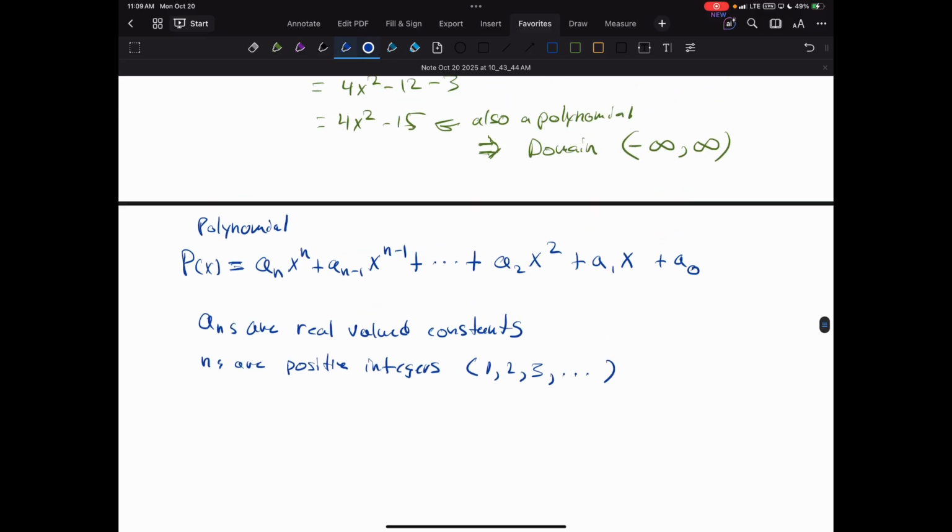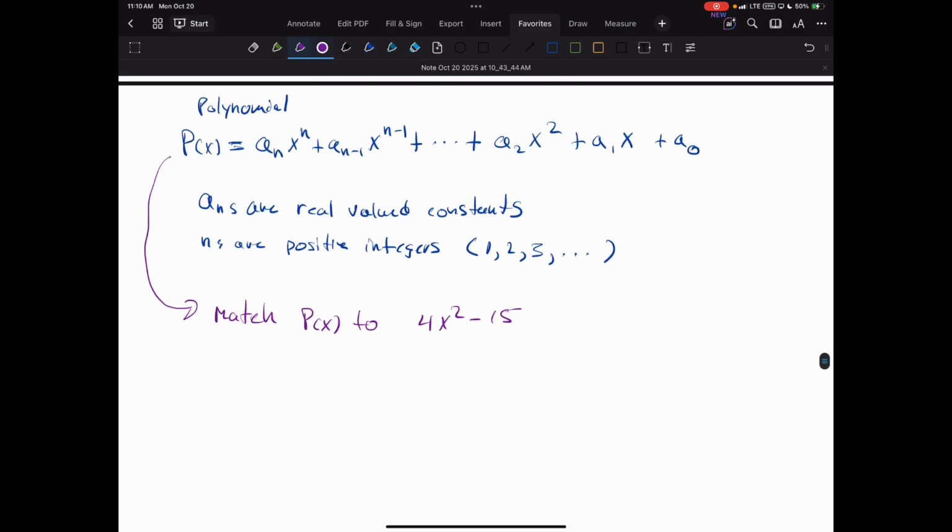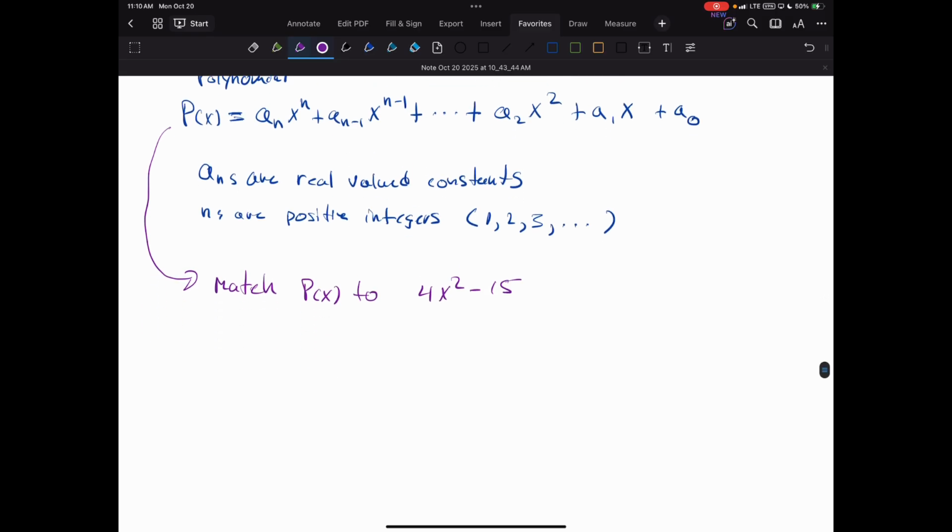Well, when I say 4x squared minus 15 is a polynomial, so if I want to match p of x to 4x squared minus 15, what am I saying here?